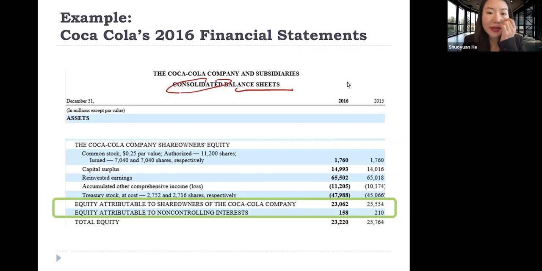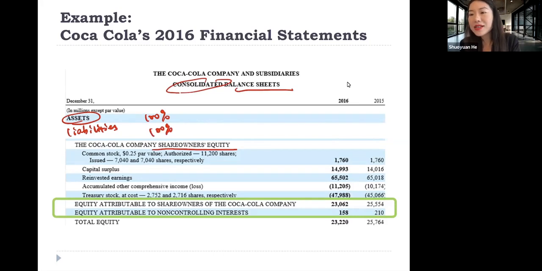Here, I only take Coca-Cola's shareholders' equity part, but Coca-Cola's assets and liabilities are all 100% consolidation. So in other words, no matter whether Coca-Cola owns 100%, 60%, 55%, or 70%, it's always 100% of the subsidiaries' assets and liabilities that are consolidated into this consolidated balance sheet. And what is happening here in the shareholders' equity part is we have an item called equity attributable to non-controlling interest.